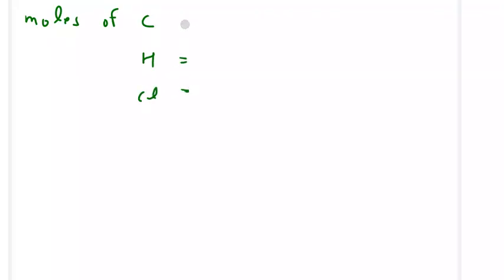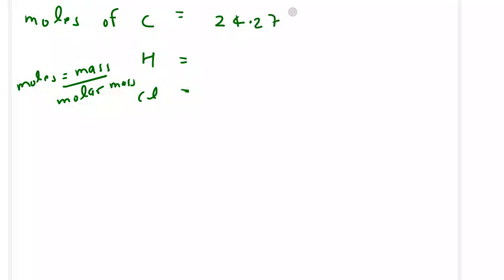Moles equal to mass upon molar mass. Mass of carbon is 24.27 and atomic mass 12.